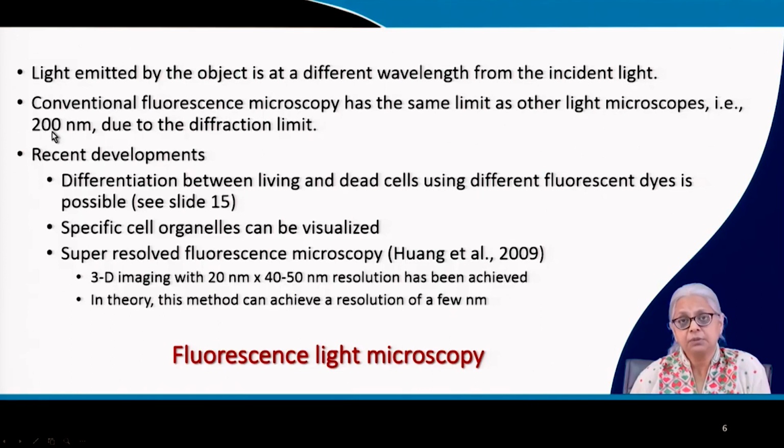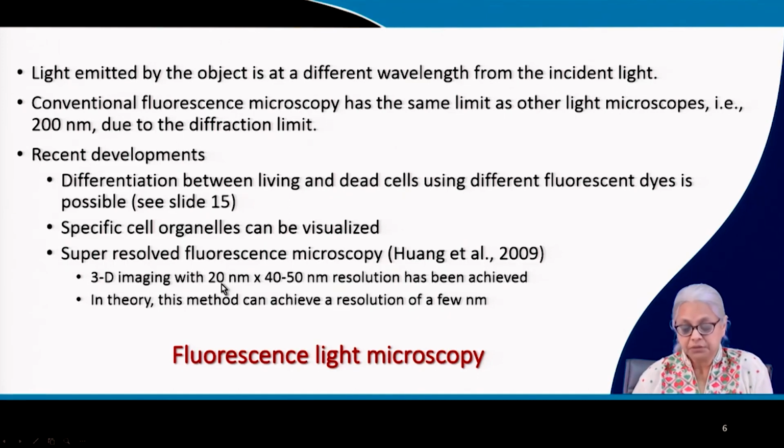So instead of the limit of 200 nanometers, now the limit is 20 nanometers, and people are working on pushing the limit even further to maybe 1 or 2 nanometers. So this was unimaginable with light microscopy. So it's a huge advancement, like I said, in light microscopy.